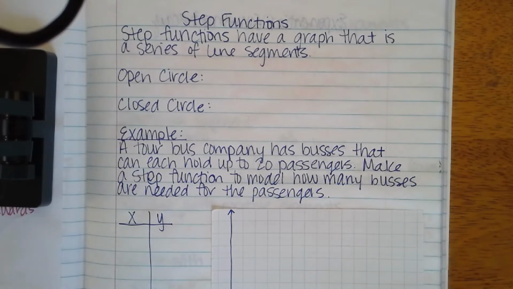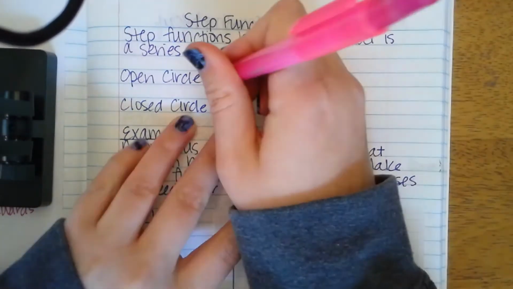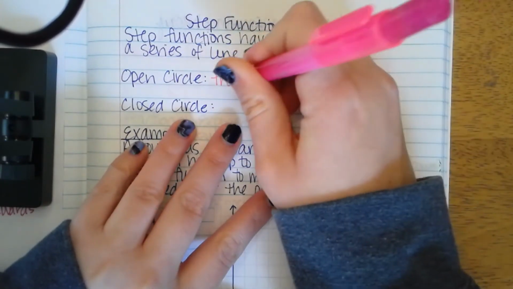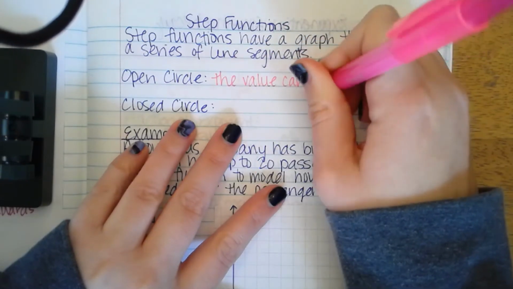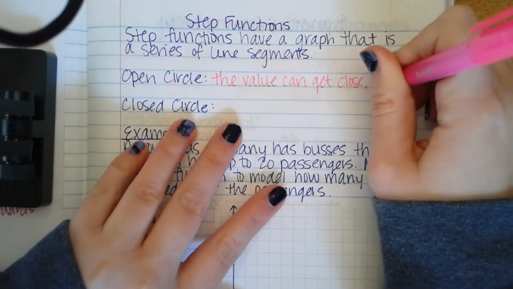Before we start, we need to go over what an open circle and a closed circle means on a graph. It's something that comes from inequalities that we learned in middle school math. So just to refresh our memory, on a graph, if we use an open circle, that means that the value can get close, but it cannot equal.